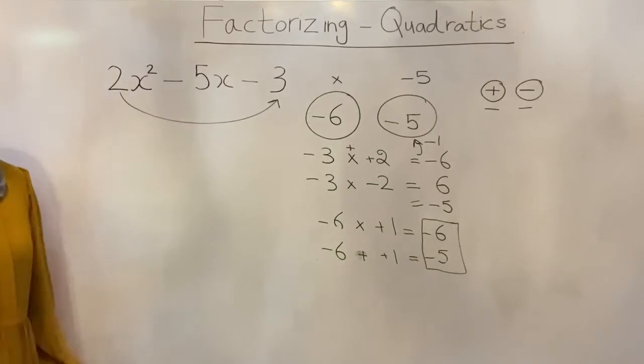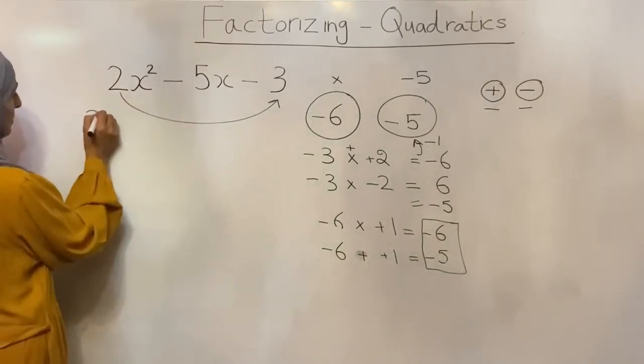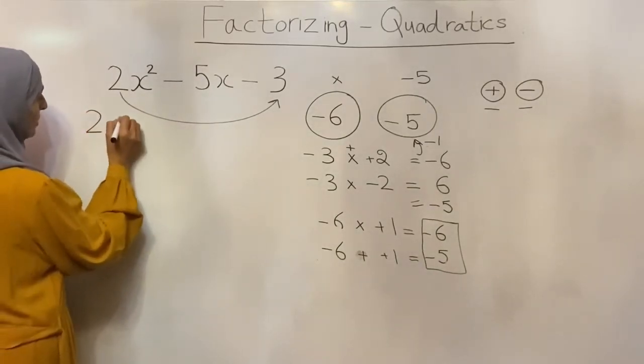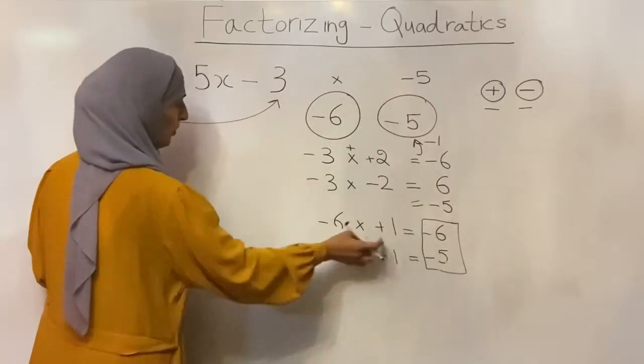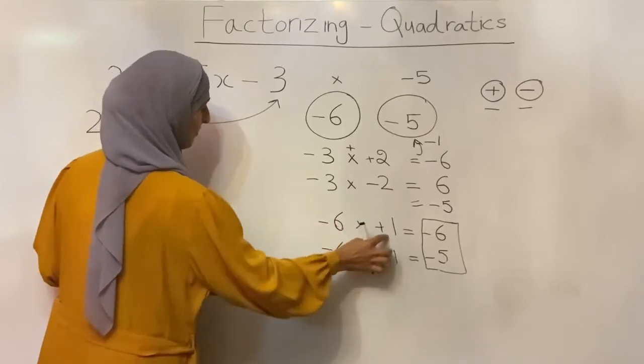I've got the factor pairs. 2x squared minus 5x minus 3. Which factor pairs? Minus 6 and plus 1.